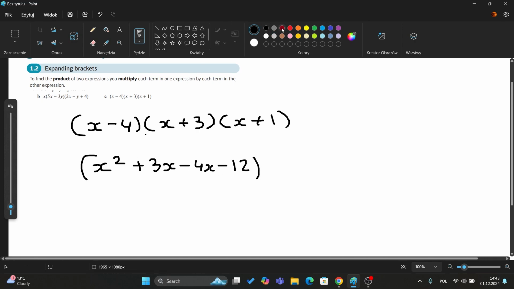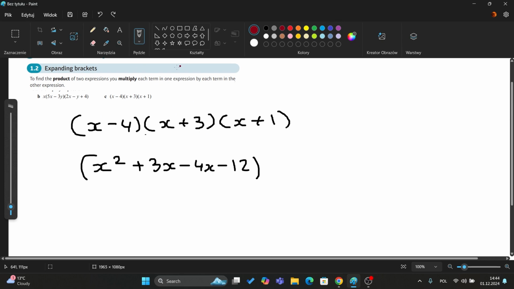Why is that? Because we multiply x by x to give us x squared. We multiply x by 3 to give us 3x, minus 4 by x to give us minus 4x, and minus 4 by 3 to get minus 12. So that's how this is worked out.